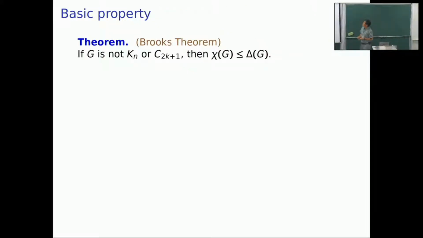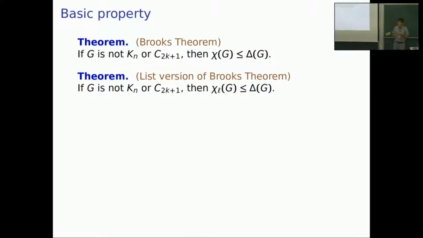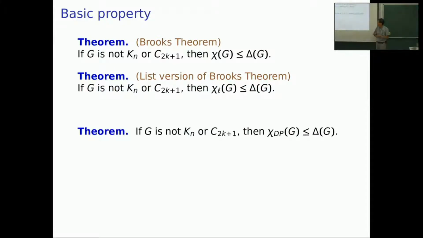In coloring, Brooks' theorem says the chromatic number is at most the maximum degree if it is not a complete graph or odd cycle. And we know this also holds for list coloring, and for DP coloring also.